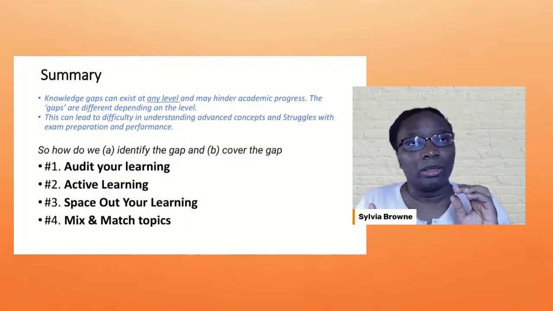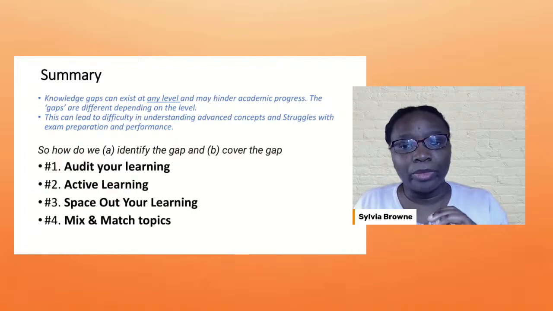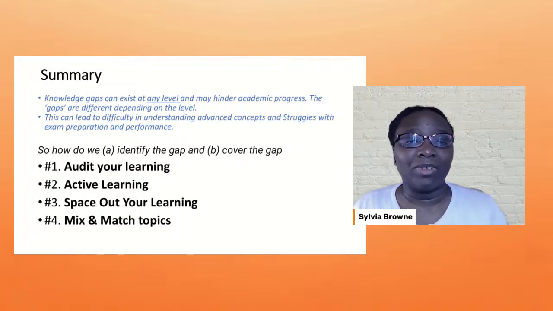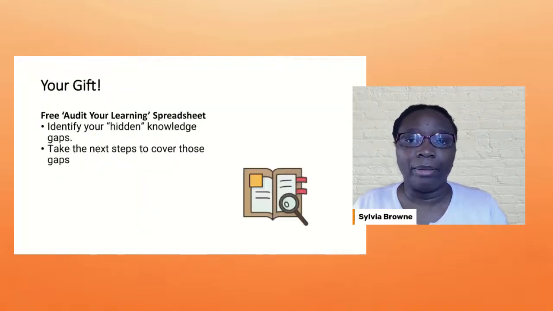So we need to identify the gap and cover the gap. We identify the gap by auditing and learning, and there's various methods I've already given you with regards to that. We cover the gap using active learning methods that help us retain information, spacing out our learning, and mixing and matching various topics.